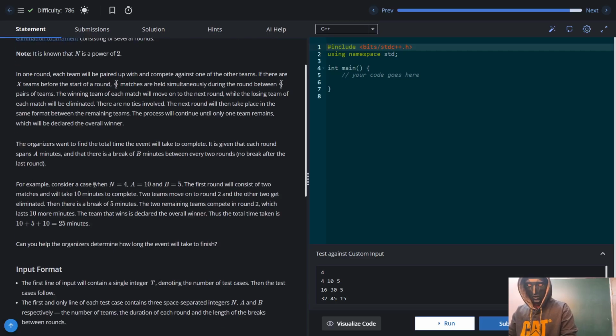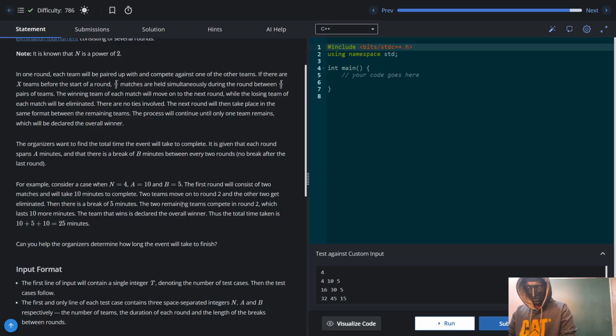For example, consider a case when there are four teams, and the competition between both the teams will take 10 minutes and the break is 5 minutes. The first round will consist of two matches and will take 10 minutes to complete. Two teams move on to round 2 and the other two get eliminated. Then there is a break of 5 minutes.